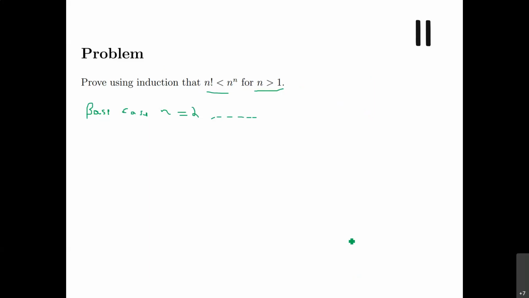So Reem, you're saying n is less than 2 power n? So n factorial is less than 2 power n, which is less than n factorial.